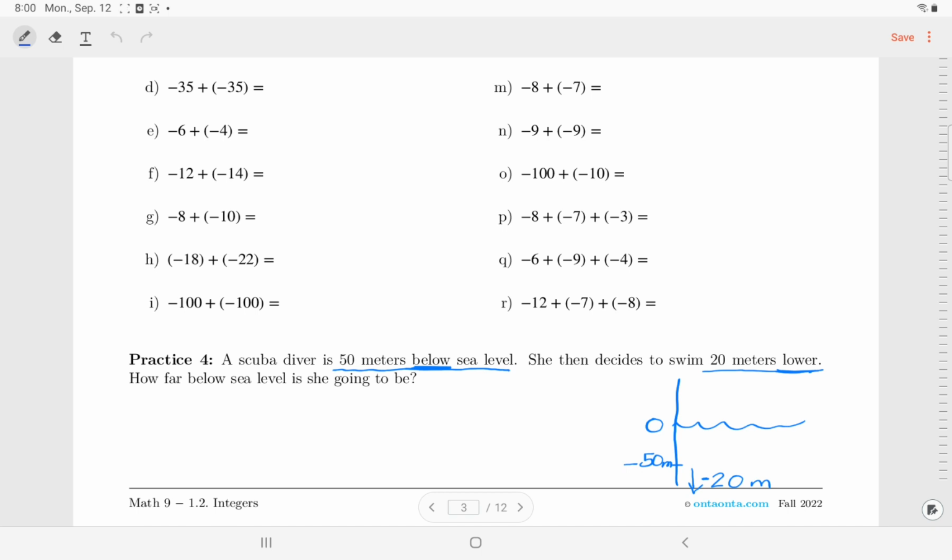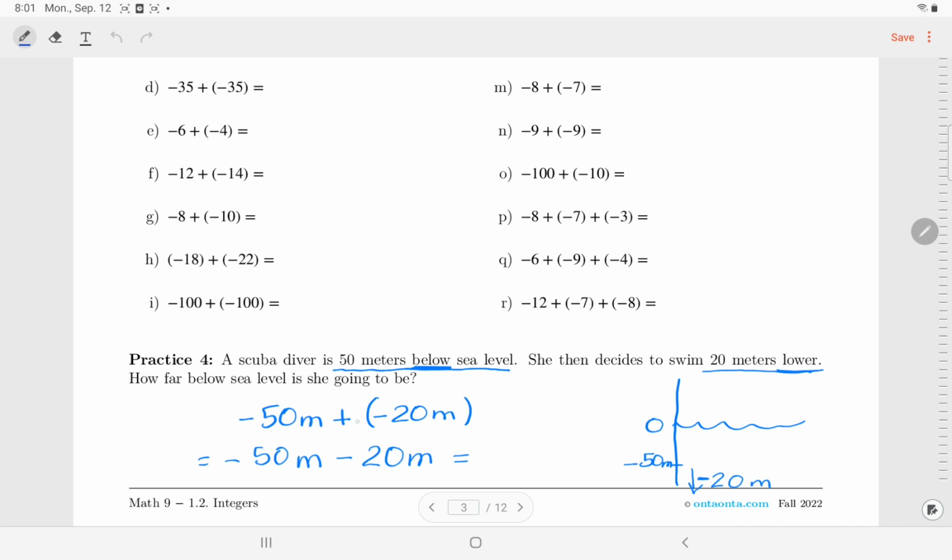We need an equation. We start with negative 50 meters and then she swims 20 meters lower. So we can either add negative 20 meters. We could also subtract 20 meters. You will see that adding a negative integer or subtracting that integer is the same.